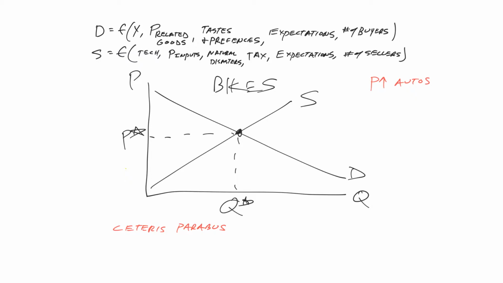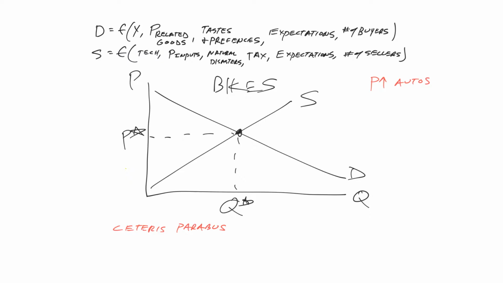So, which way is the demand curve going to shift? The price of autos goes up, so people are going to buy more autos or fewer autos? Well, the price goes up, they're going to buy fewer autos, right? And what are they going to get instead?